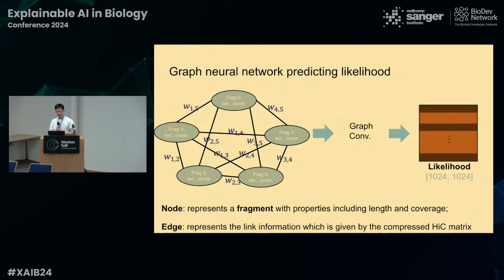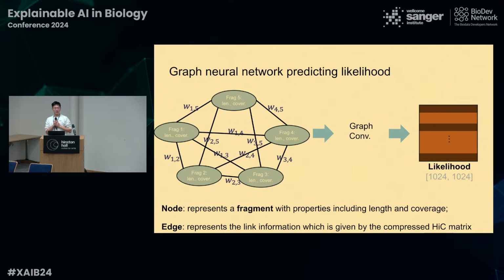The method we are using in this project is a graph network. We represent every fragment as a node in this graph network and use links. You can see the W15 is to link fragment 1 and fragment 5.